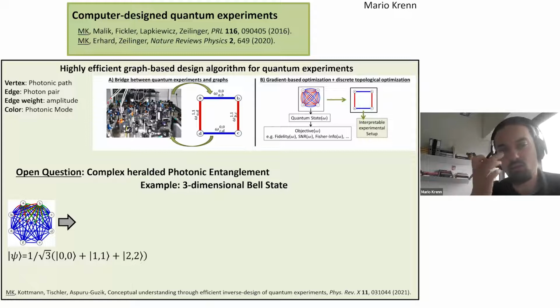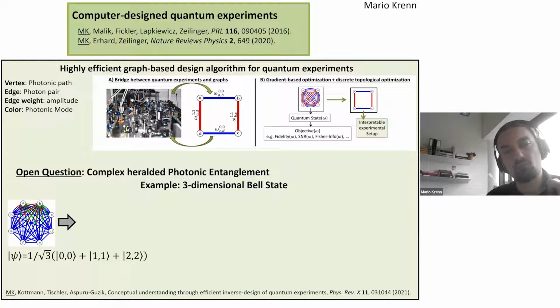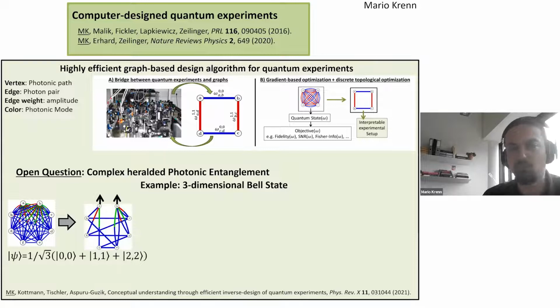And in our case, we wanted to solve this question for an unsolved problem. So we wanted to get heralded three-dimensional entanglement. So when a few detectors click, we are 100% sure that the output is 0,0 plus 1,1 plus 2,2. So we start with a certain initial graph, and within maybe a minute or so, it gives us the solution.